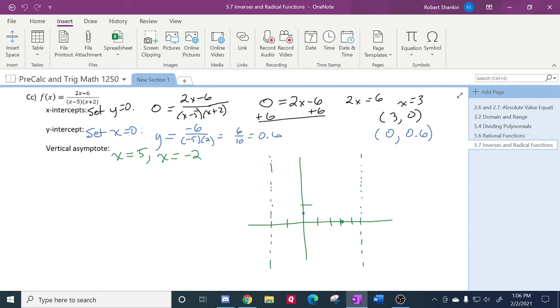Mr. Shankin? Yes. I had a problem with number 24 on the homework. All right. This is 5.6, number 24. Find the x and y intercepts. All right.